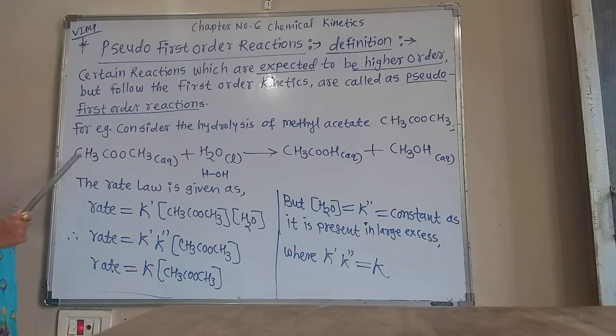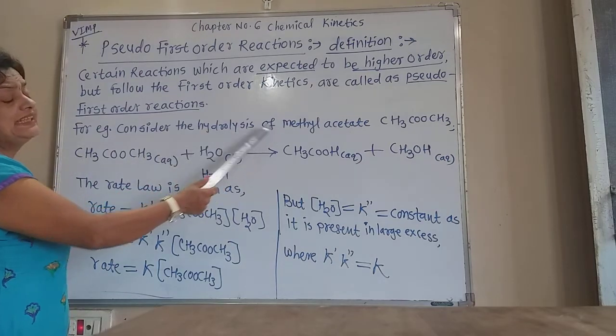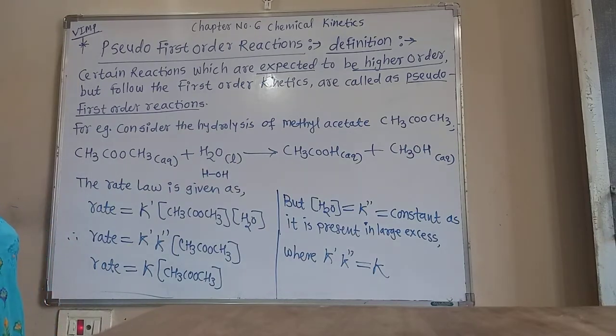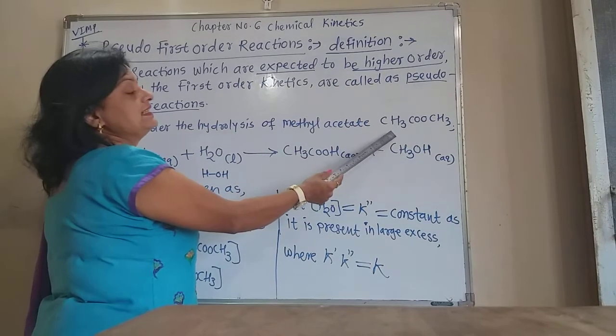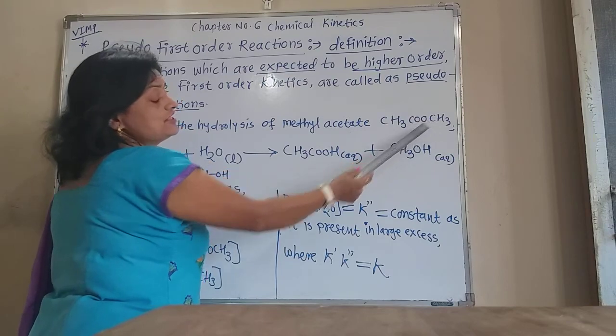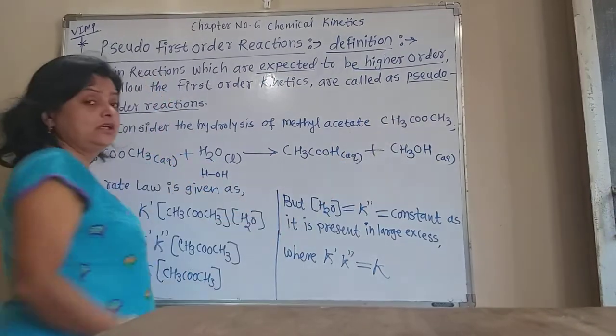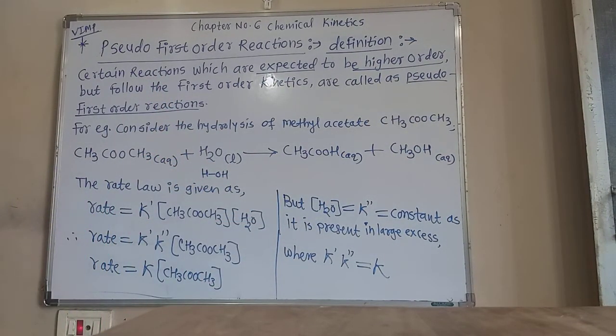Now consider the hydrolysis. For example, consider the hydrolysis of methyl acetate, which is the ester. What is the formula of methyl acetate? CH3COOCH3. Now this is the methyl acetate, that is the ester. Suppose the hydrolysis of the ester is carried out.